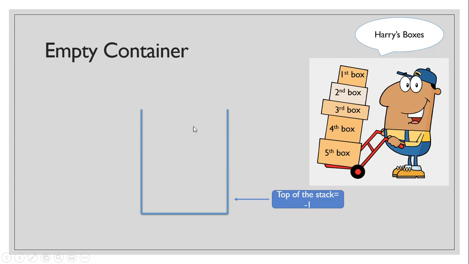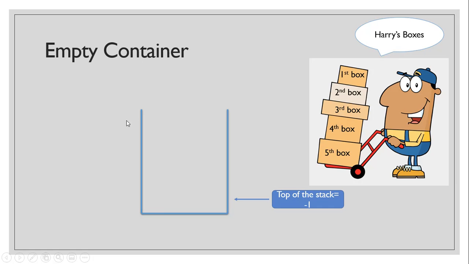Okay, this is one kind of empty container, and you know how a container works. A container has only one open end. In the same way, a stack in memory has only one open end. That means from that one open end, you can insert elements and you can remove elements, right?